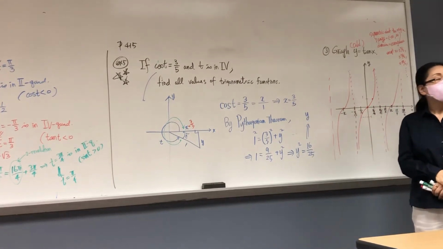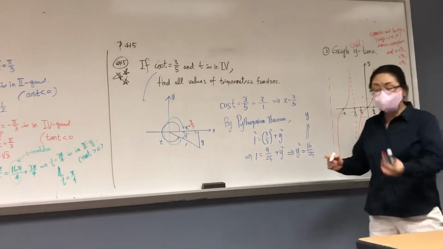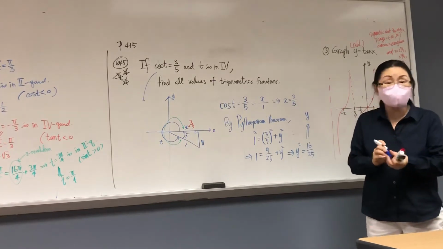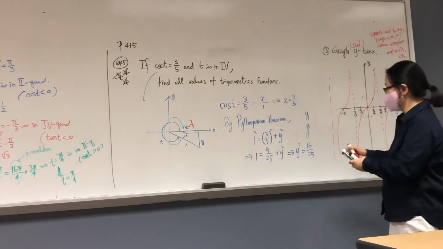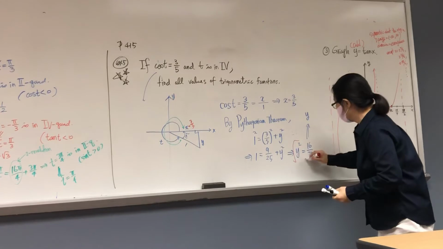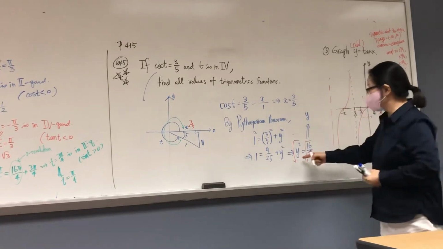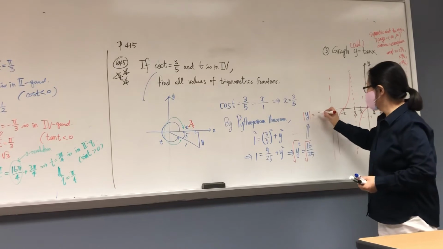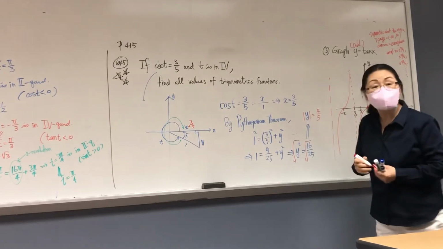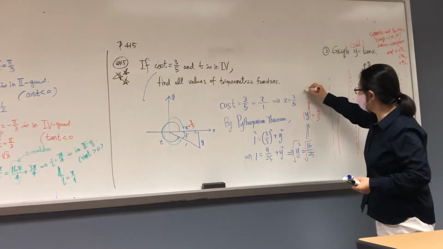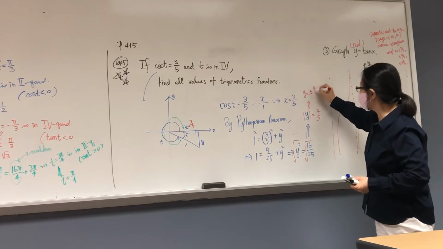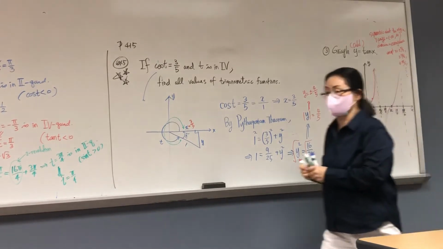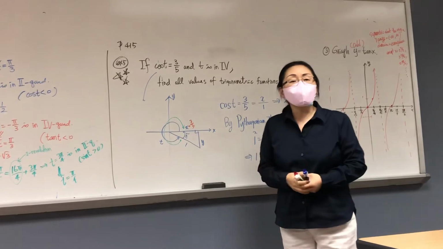Square root of 16. You guys like this square root word, right? 4 over 5. Don't go too fast. What is this? The absolute value. Y is 4 over 5, plus or minus. Y can be plus or minus 4 over 5, but is your y positive or negative?